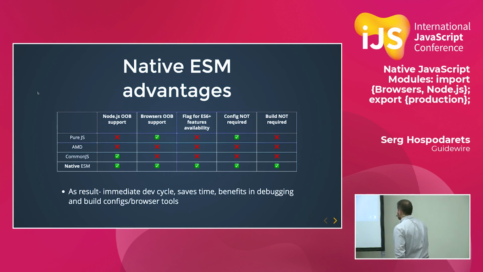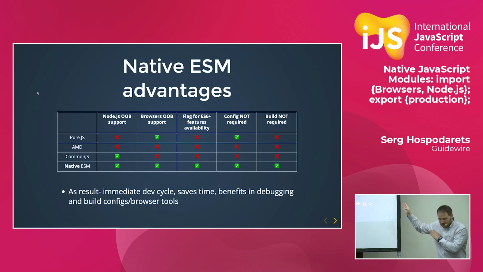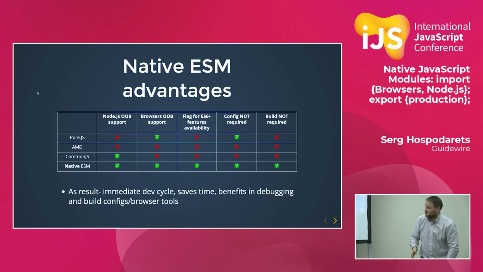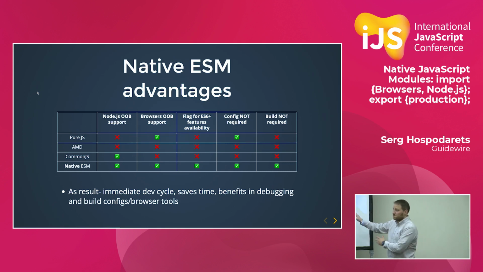There is a flag for ECMAScript 6 features, so you can use this particular flag to tell the browser to please work with this particular script as ECMAScript modules. And I will describe why. For example, async, await, and other stuff work in all the browsers which support ECMAScript modules. So you can just skip transpiling and say, please execute this module.